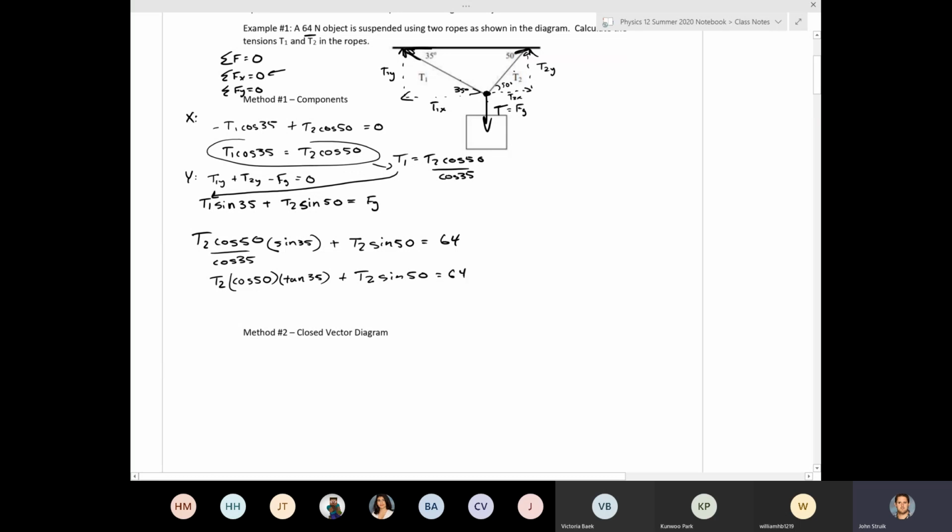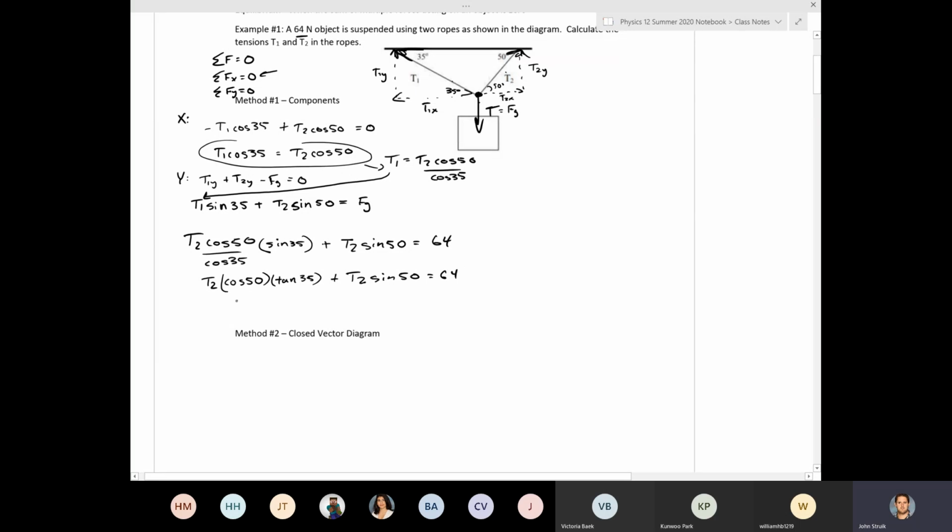Hopefully the other way is easier. And then factor out your T2: cos 50 tan 35. Oops, tan 35, almost made a mistake. Plus sine 50 equals 64.